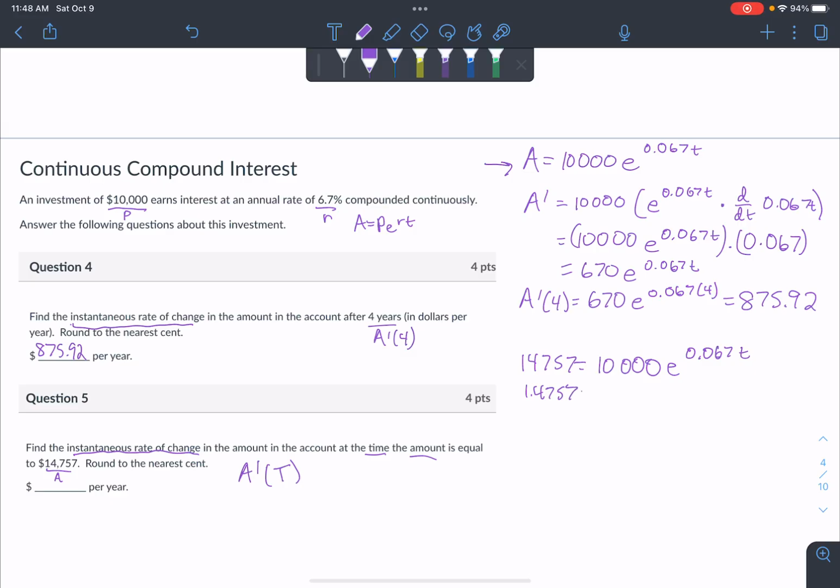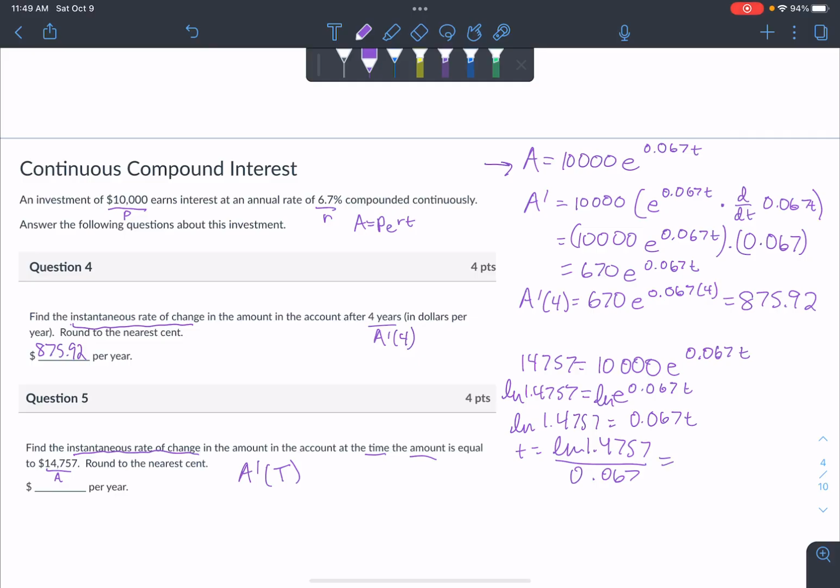All right, so here we can natural log both sides to bring that power down. And get this. And so t is equal to the natural log of 1.4757 over 0.067.